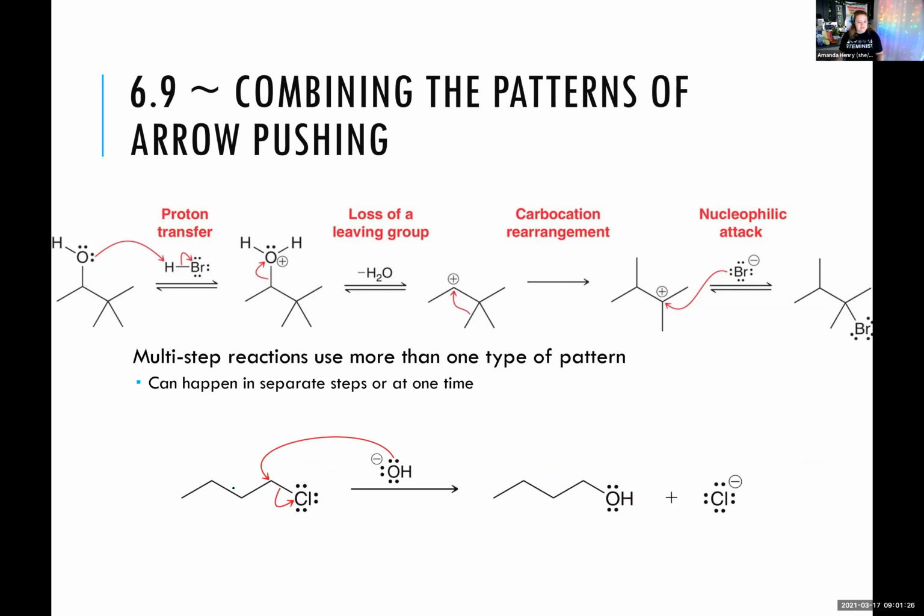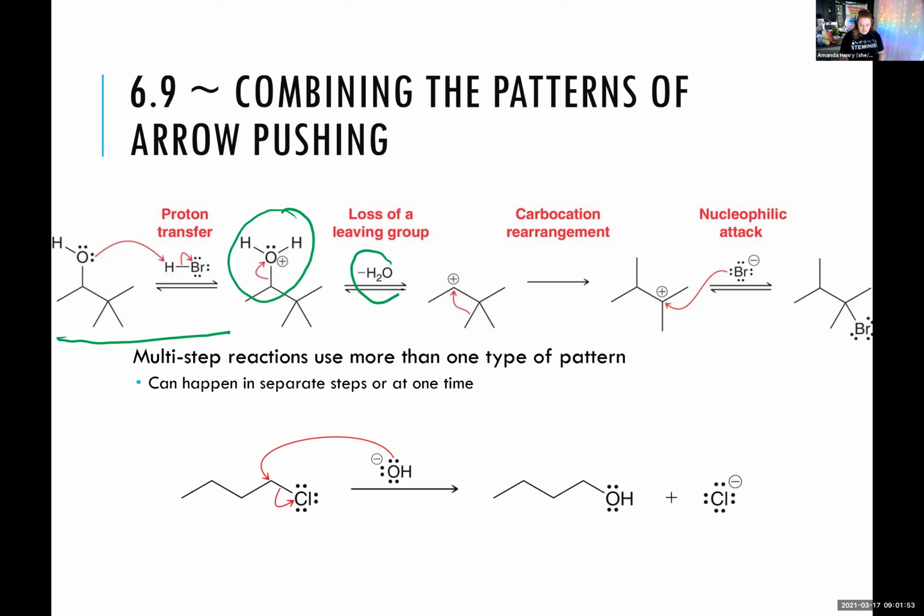Most mechanisms require more than one of these steps to happen. The example on the top here is showing all 4 of these steps in order to create the final product. So we're starting with a proton transfer. Our alcohol on our carbon chain is bonding to a hydrogen. And then we have the loss of the leaving group.